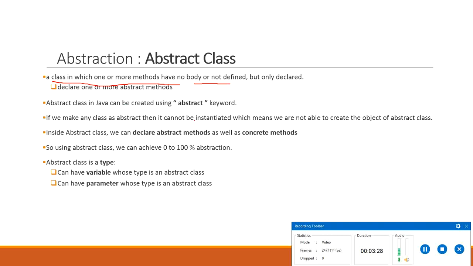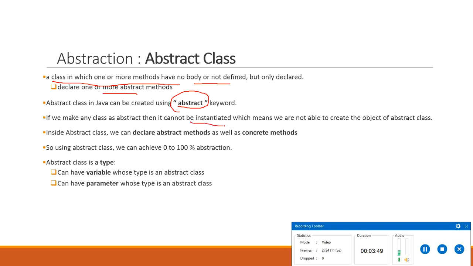So in an abstract class we can declare one or more abstract methods. An abstract class in Java is created by using the abstract keyword. If we make any class abstract, it cannot be instantiated.